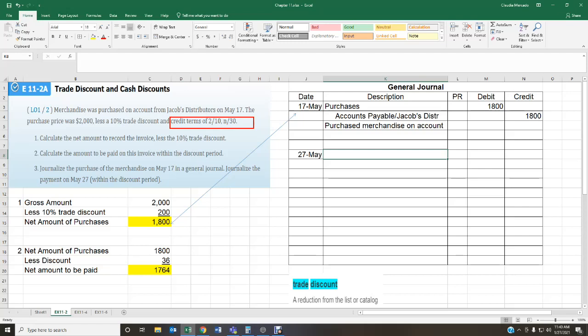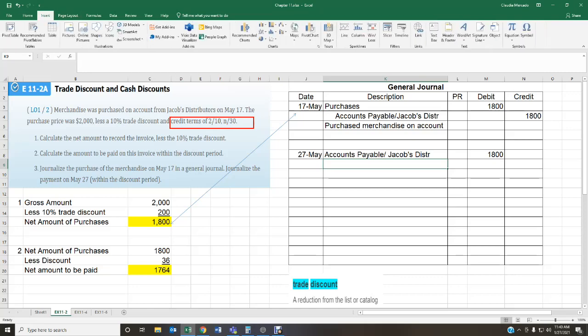So what am I going to do to clear it? I'm going to do the opposite of that. So I'm going to debit my accounts payable for Jacob's Distributors for the full amount of $1,800. Now we are making a payment. Now, how much are we going to pay?